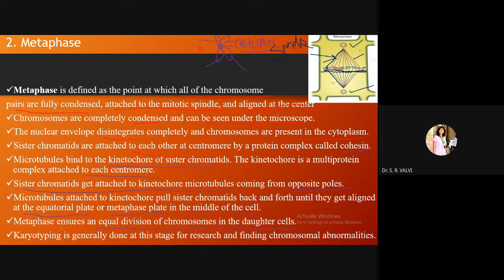Karyotyping is generally done at this stage for research and for finding chromosomal abnormalities. Students, if some abnormalities are there, they are detected with the help of a karyotype. Karyotype is nothing but one kind of research where the chromosomes are arranged in ascending or descending order, right?